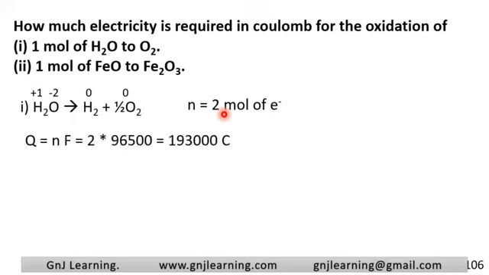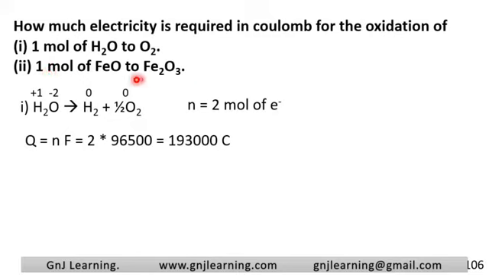How can I do it? Q is equal to N into F, that is number of electrons into Faraday. 2 into 96,500, that is equal to 1,93,000 coulombs.